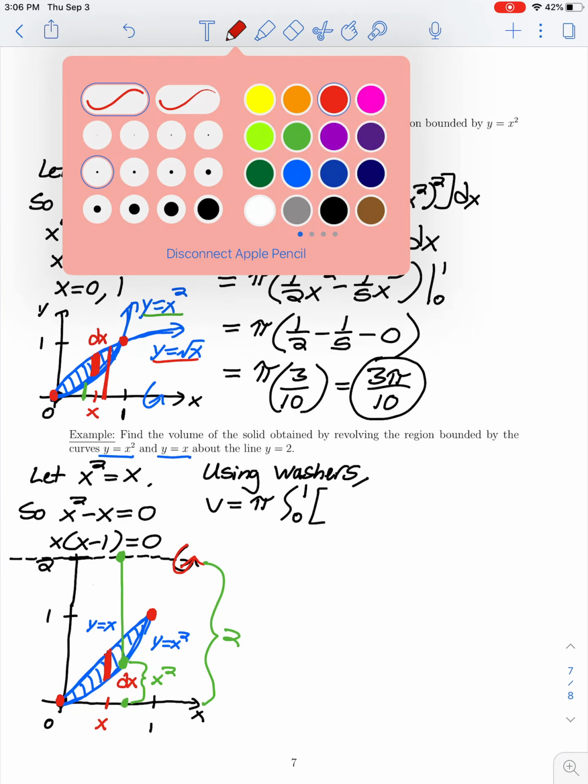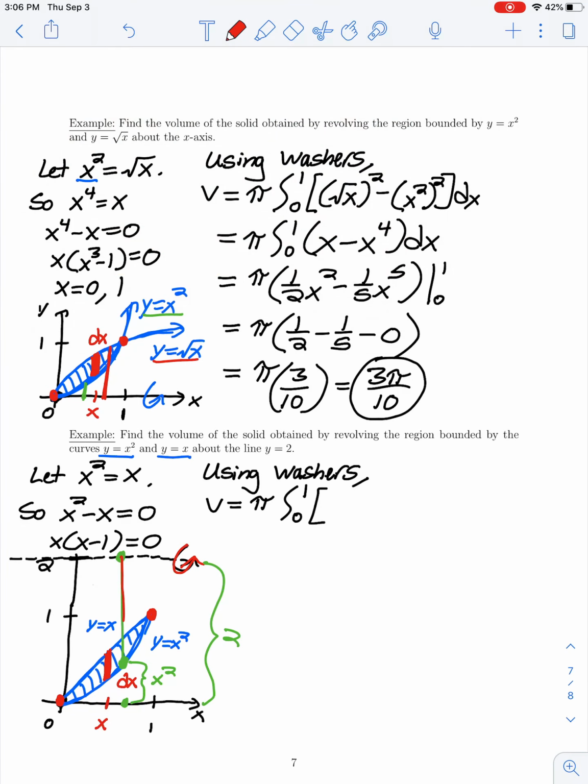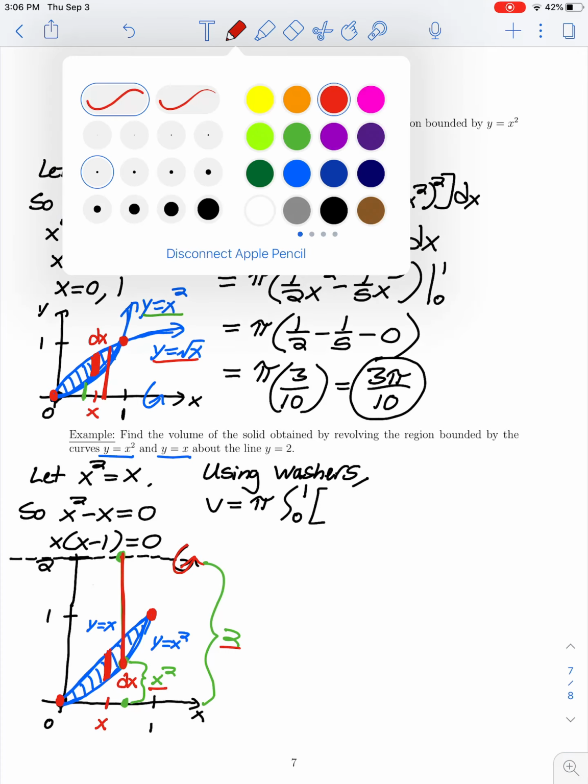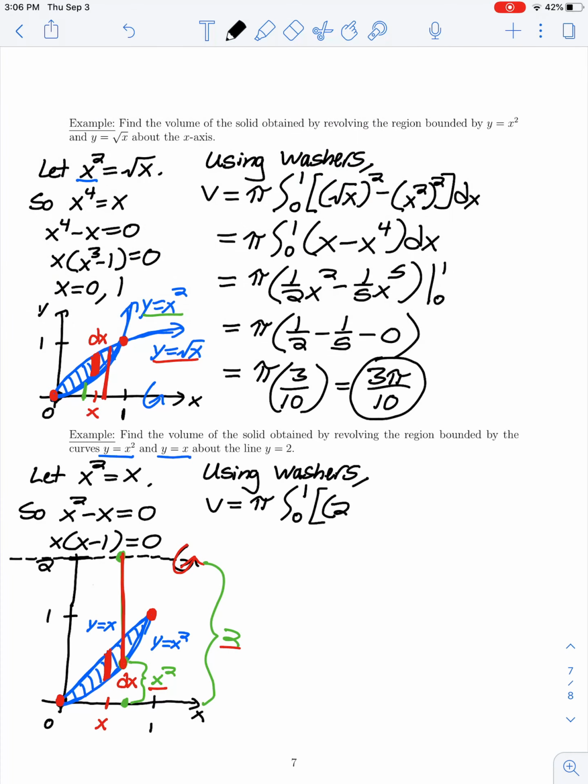So to get this distance from the center to the outer radius, I could take the total distance, 2, from my line to the x-axis, and I would subtract the distance from the x-axis to that outer curve. So that is 2 minus x squared, and then I'm going to take the square of that outer radius.